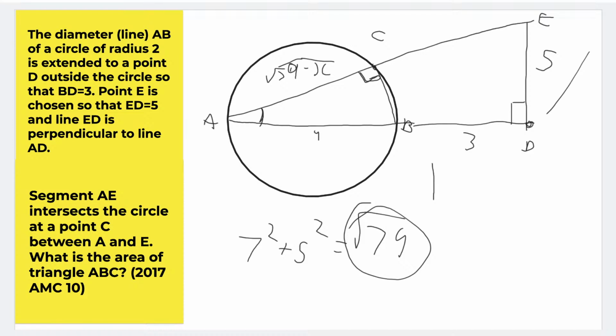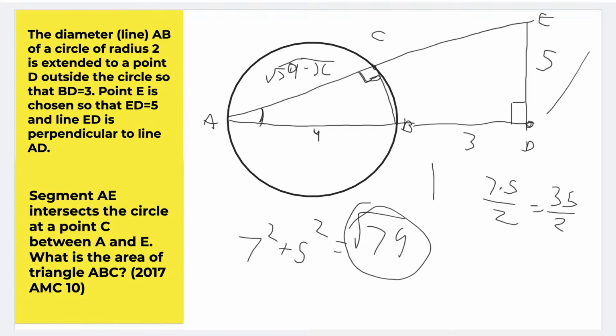And we know that the area of this triangle is just 7 times 5 over 2, which is 35 over 2. And then there's another thing that we know. We know that these two triangles are similar, and we have the hypotenuse of both triangles. 4 is the hypotenuse of this one, since it's the diameter, and square root of 79 for the bigger one.